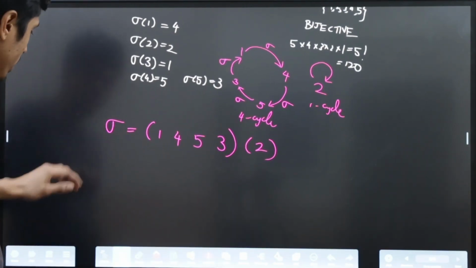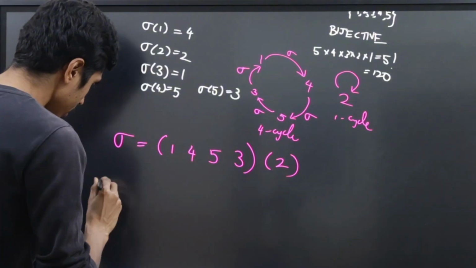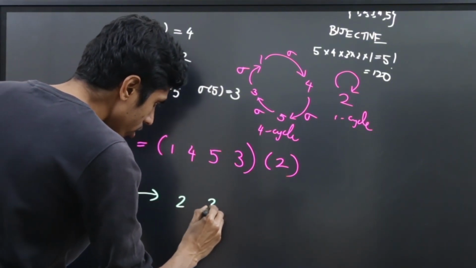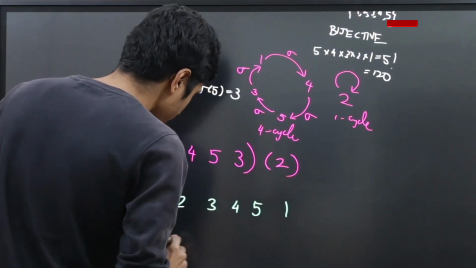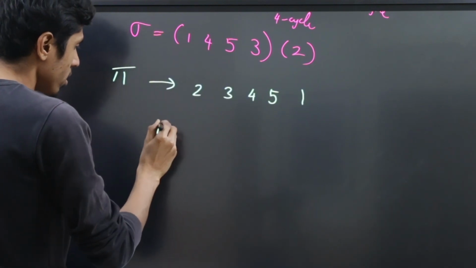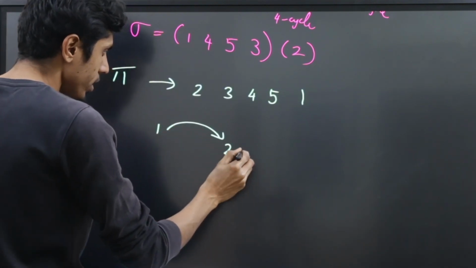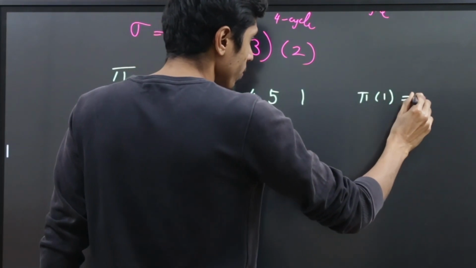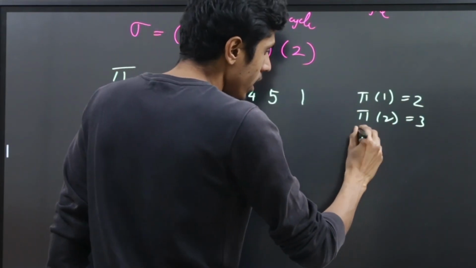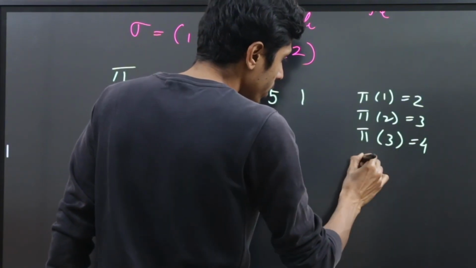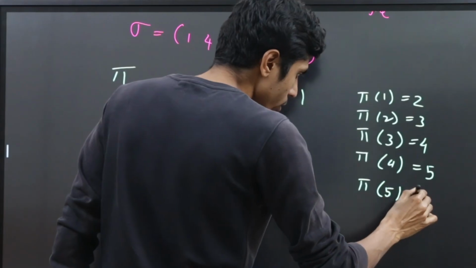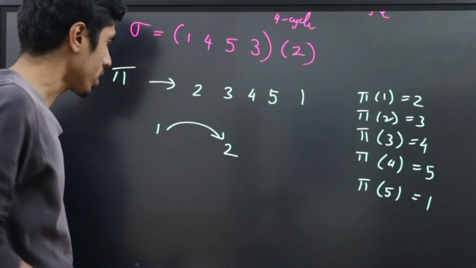Let's consider a permutation like this. Consider another permutation pi, which goes like 2, 3, 4, 5 and 1. What does this give? The position 1 is occupied by 2, that is pi of 1 equals 2, and the position 2 is occupied by 3, so pi of 2 is 3, and the position 3 is occupied by 4 and 4 by 5, and the fifth position is occupied by 1, so we write pi of 5 equals 1.